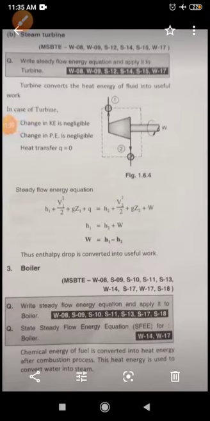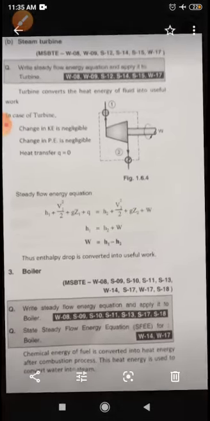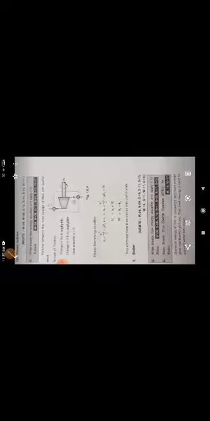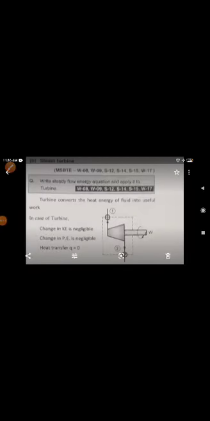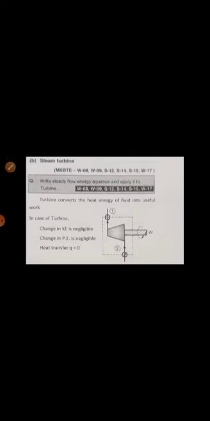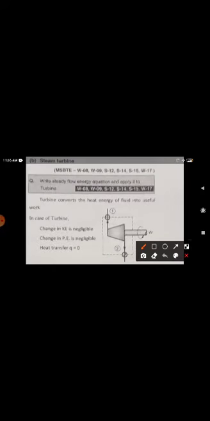Now let's start today's lecture. Again I am looking at the steam turbine, in which steam is entering and going out, giving out some work.